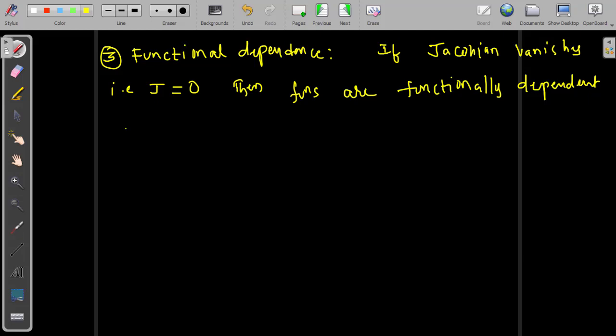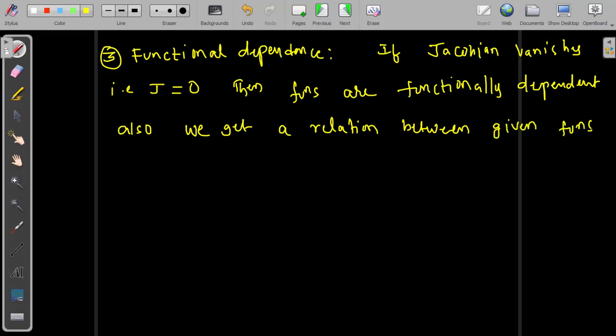And also we get a relation between the given functions. This is what we need to understand here.